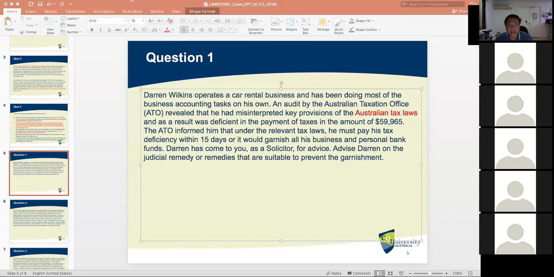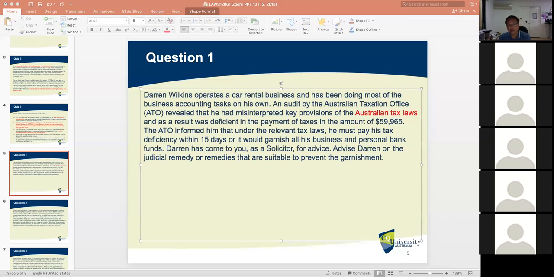So, having said that, in this particular case, given that this is a decision made under an enactment, judicial review under the ADJR Act would be available, and in particular, as correctly pointed out by Clinton, under Section 16(1)(d) of the ADJR Act.